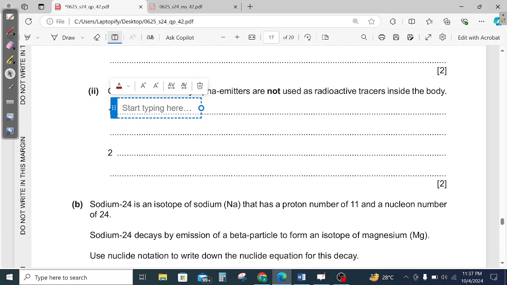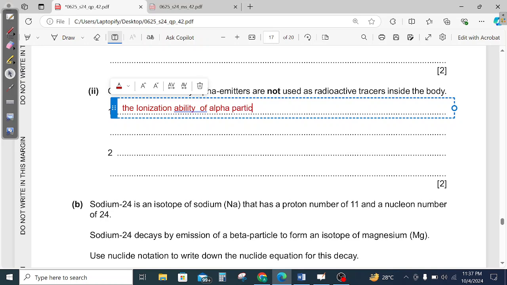So I will write here alpha particle, the ionizing ability. I will write it shortly. The ionization ability of alpha particle is greater than beta and gamma.